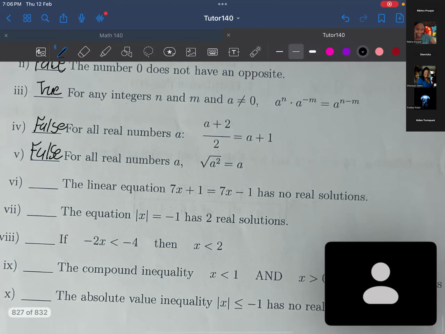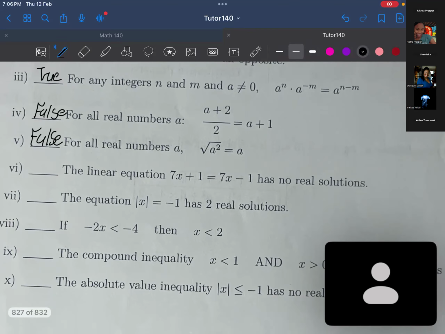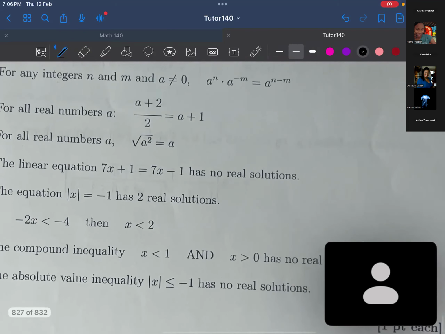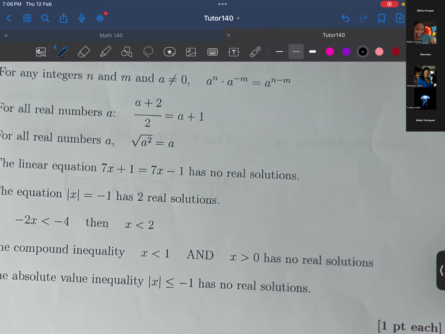Okay. The linear equation 7x + 1 = 7x - 1 has no real solutions. For this, you want to solve for x. So we want to send all the x's on one side and all the constants on the other side.